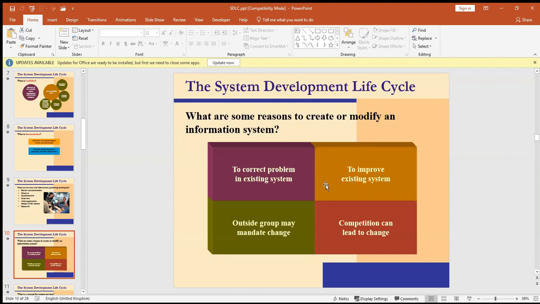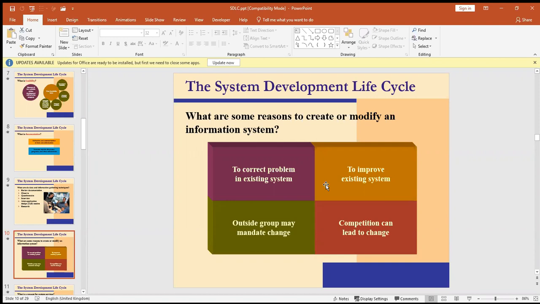To build a new system which is looking at making the existing system better, so that it's able to serve better than it is serving.